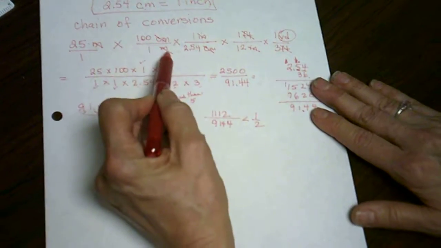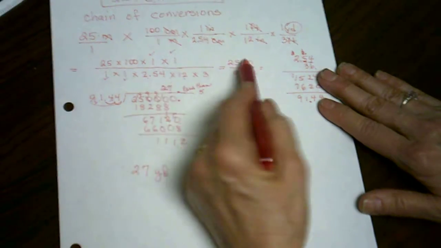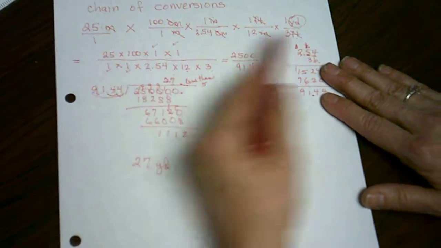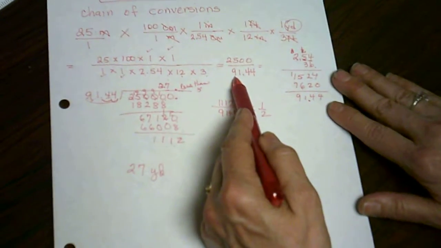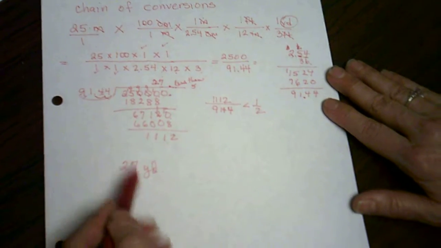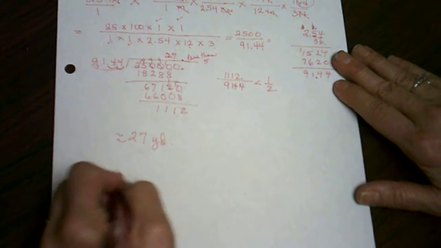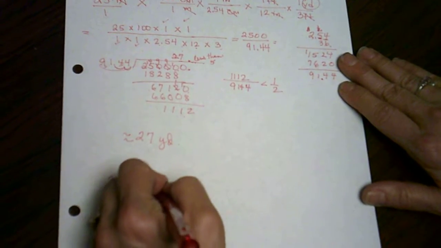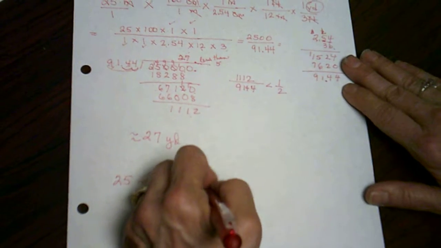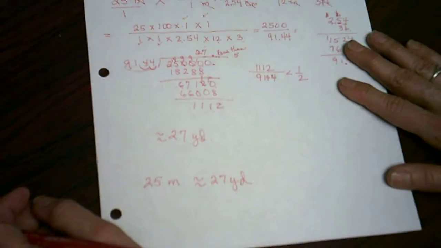That's how we know what to put in the denominator, because the previous thing we want to factor out. So we're left with numbers on the top, 2,500, times the numbers on the bottom, which is 91.44 divided out, and you get approximately 27 yards. So 25 meters is approximately, to the nearest yard, 27 yards. And that's class activity 11H.